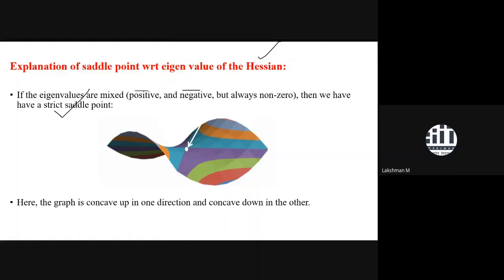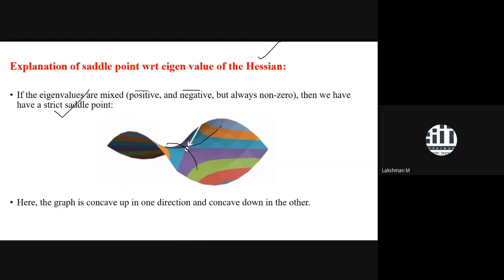In the saddle point, there are also two classifications. One we call a strict saddle point. Another one is a non-strict saddle point. In a strict saddle point, what you observe is that the graph is concave in this direction. That means concavity is down. In another direction the graph is convex.